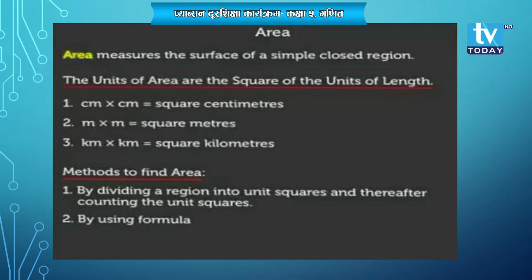So students, in the short form, we can write centimeter as cm, meter as m, and kilometer as km. They are the short forms of the units of length. Now, for finding the area, we must know two things.